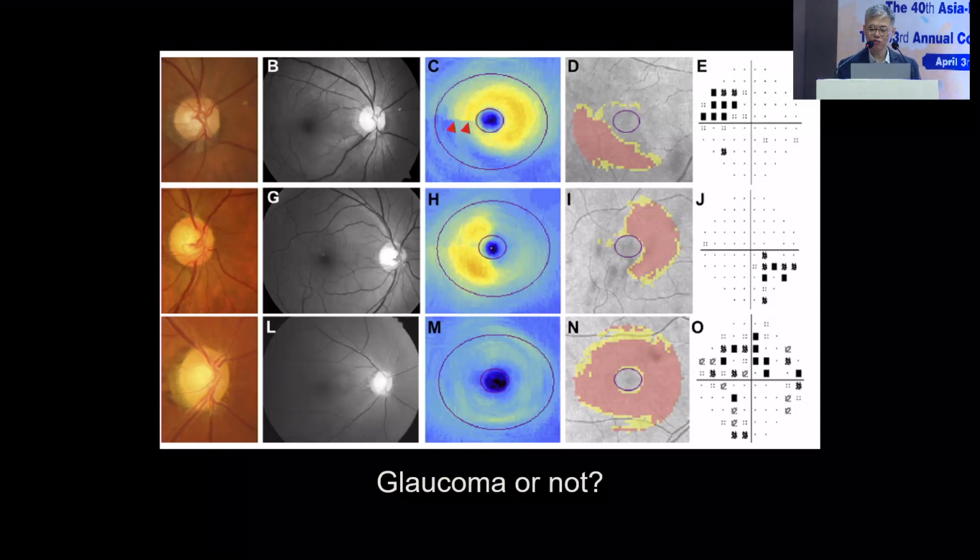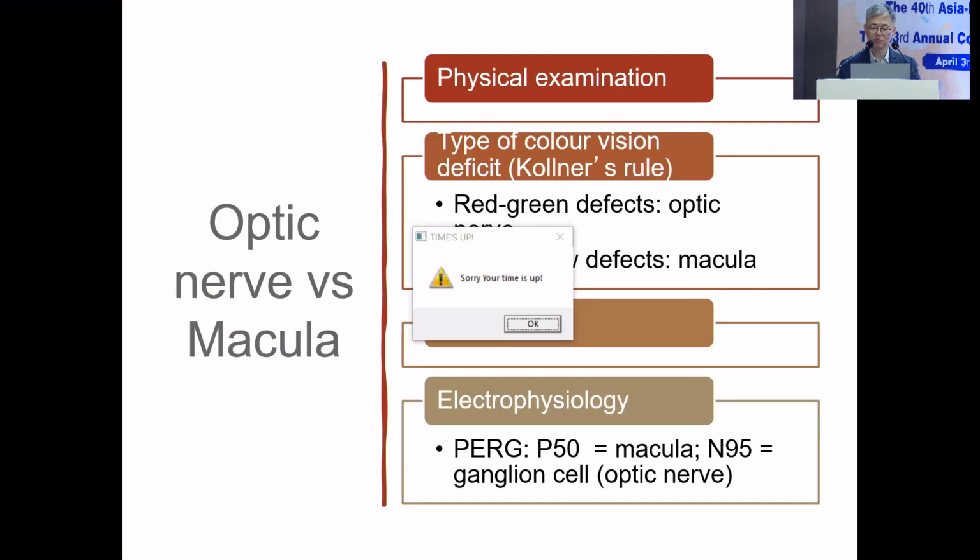But in the second row and the third row, again in the second row you have a visual field defect. It looks just inferior and one quadrant, but the macular GC-IPL does not seem to match. So I think what we are learning over time is that one ought to look at the macular GC-IPL besides the retinal nerve fiber layer thickness to help decide what kind of a visual field defect this is.